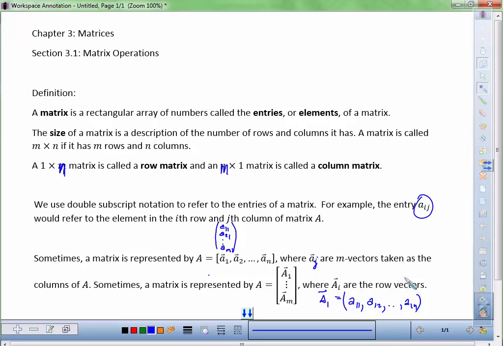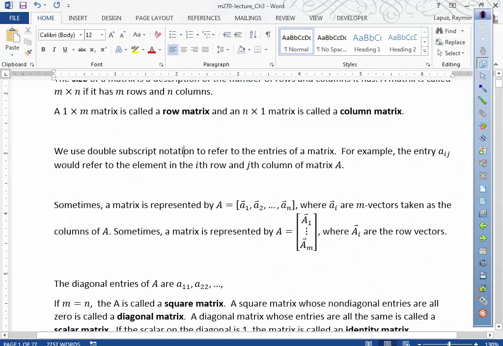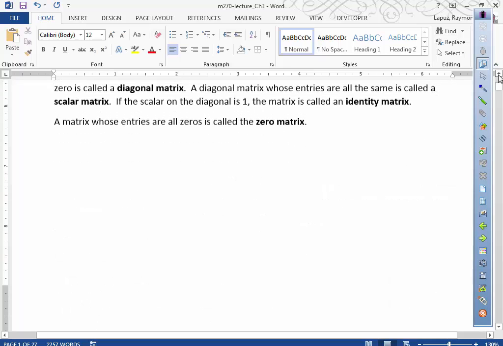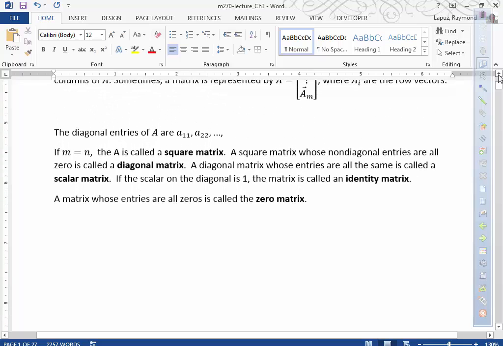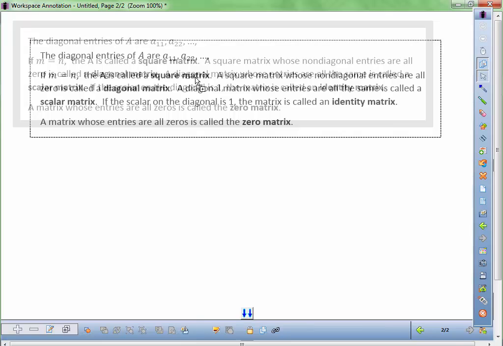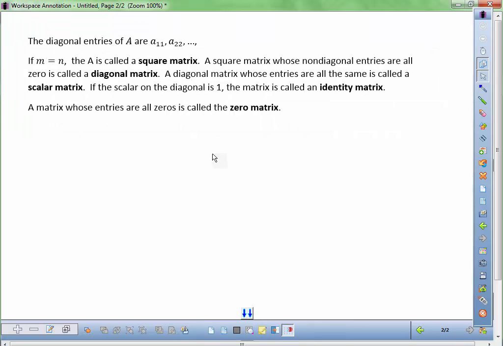All right, a few more interesting matrices aside from row and column matrices. We have square matrices. If your number of rows and number of columns are the same, then obviously it's a square matrix.